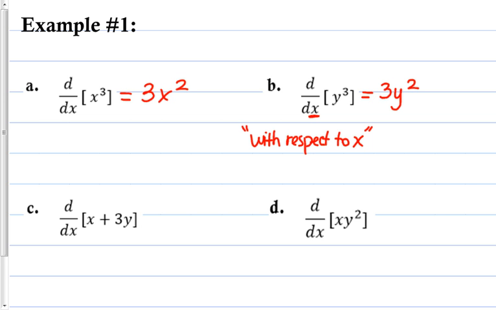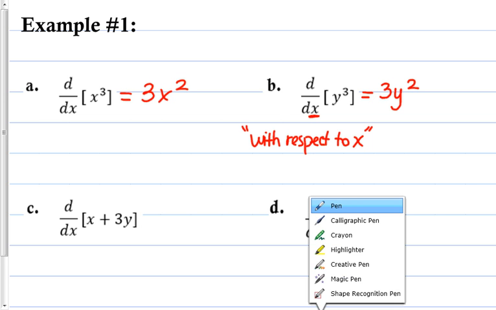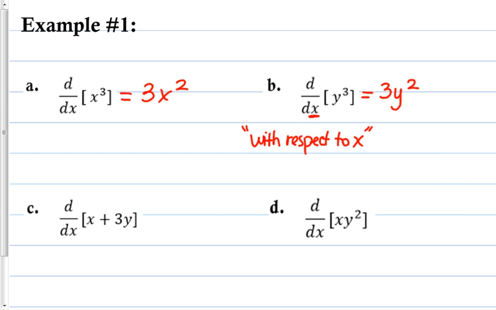Okay, very similar to part A. Right? 3x squared, 3y squared. But because this is implicit differentiation and that is not x, I have to compensate for that somehow. So it's like a mini chain rule.